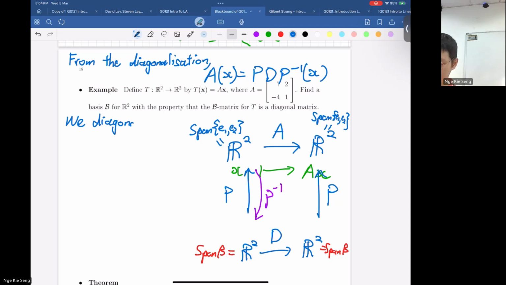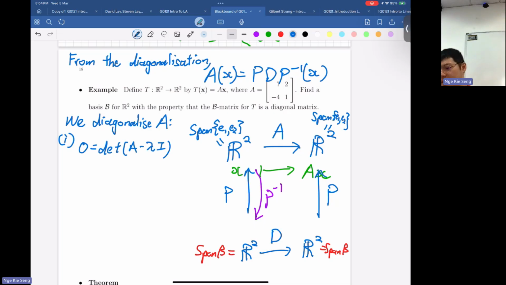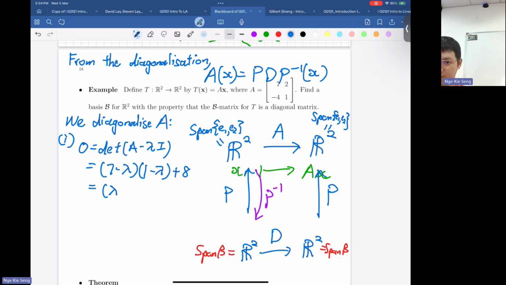To diagonalize A, you start with your characteristic polynomial, the determinant of A minus lambda I. In this case, you should get (7 minus lambda) times (1 minus lambda) plus 8. And then if you factorize this, you should get (lambda minus 5) and (lambda minus 3). Then second, you should find your eigenspace.